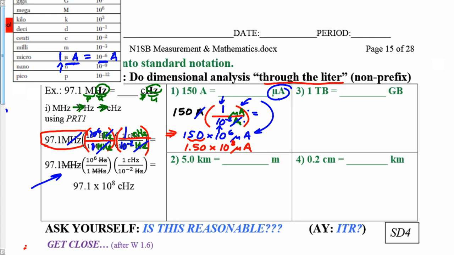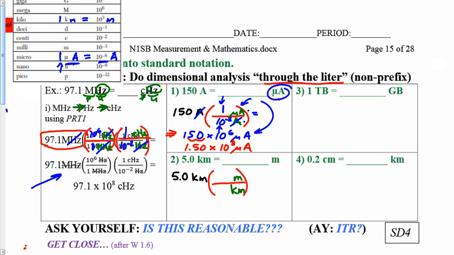Okay, let's try another one that's also on the easy side. 5 kilometers into meters. So 5.0 kilometers. Multiply by a fraction. Drop those units in the slot, kilometer, and we want to turn it into meter. What numbers go there? Stop guessing and look at your chart. Kilometers and meters, where is it? There's kilo. 1 kilometer is exactly the same thing as 10 to the third meters.